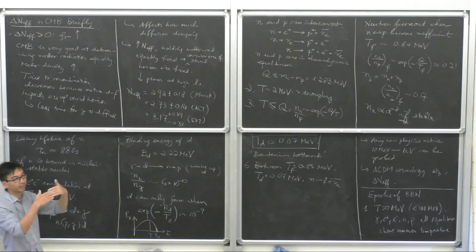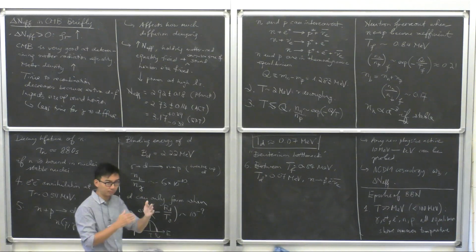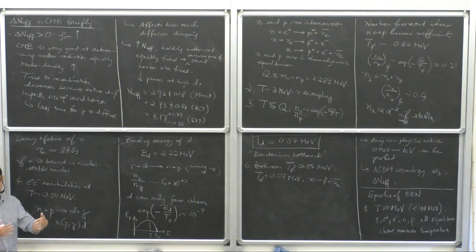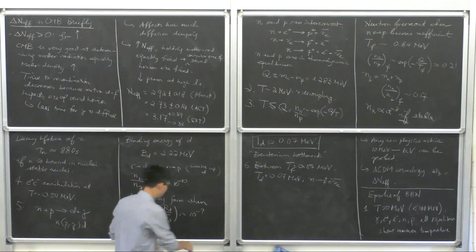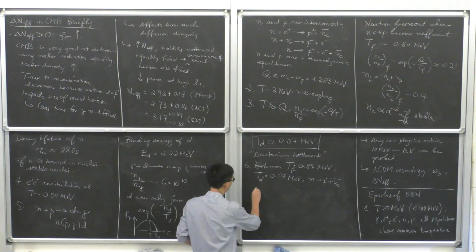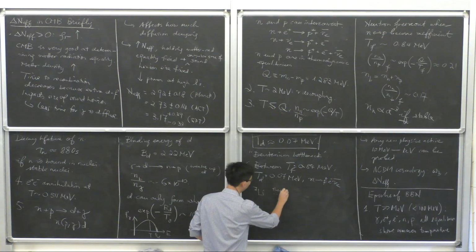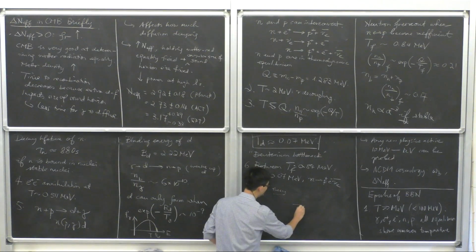And they find that there's some discrepancy between the theoretical prediction and the measurement. So let me just draw this. This is lithium-7. This is theory. And this is experiment, this is measurement.